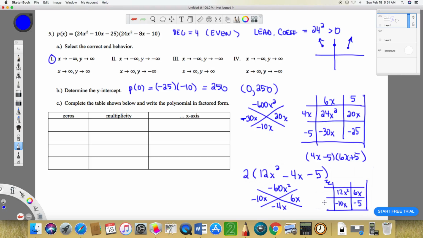So if we look here, we've got a negative 5 that's common and 1. If we look across here, we've got 6x, and up and down here, we've got 2x.